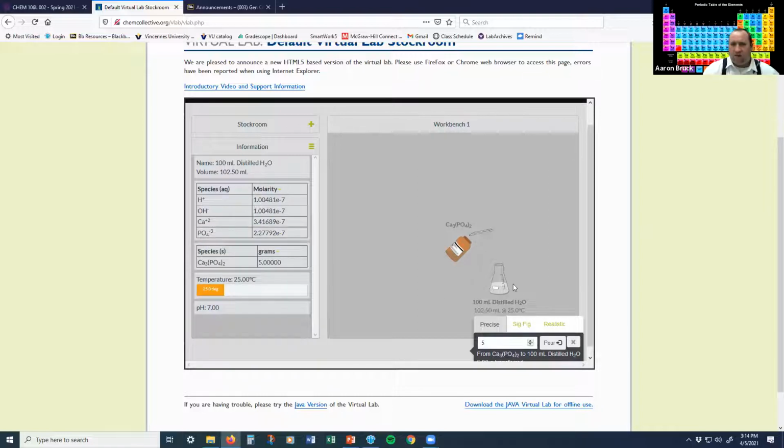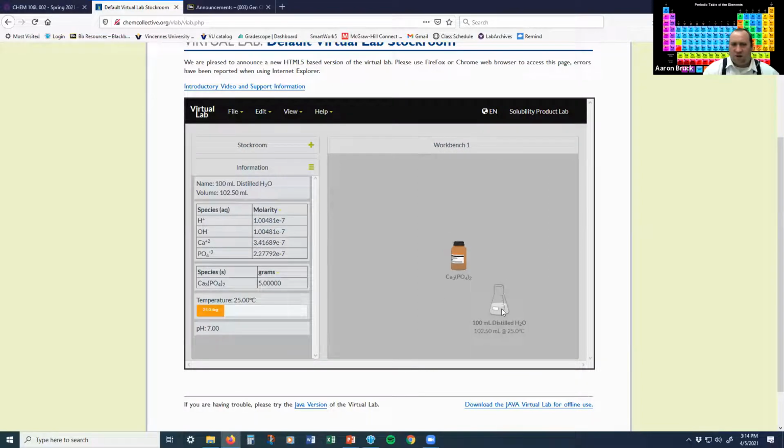I put in my 5 grams, I look at the distilled water, and it's going to tell me that of my 5 grams of calcium phosphate, the concentration of the calcium is 3.4 times 10 to the negative 7th. The concentration of the phosphate is 2.27 times 10 to the negative 7th.